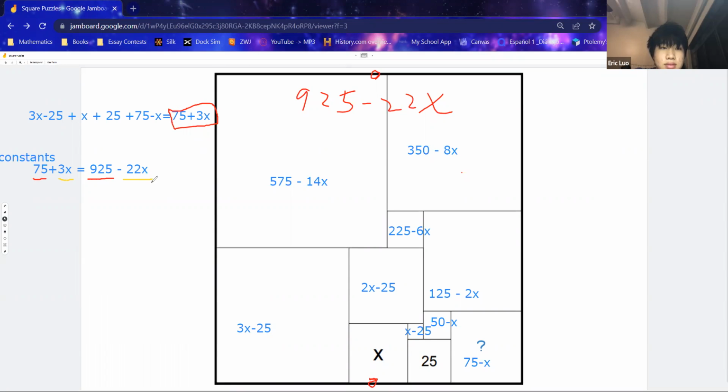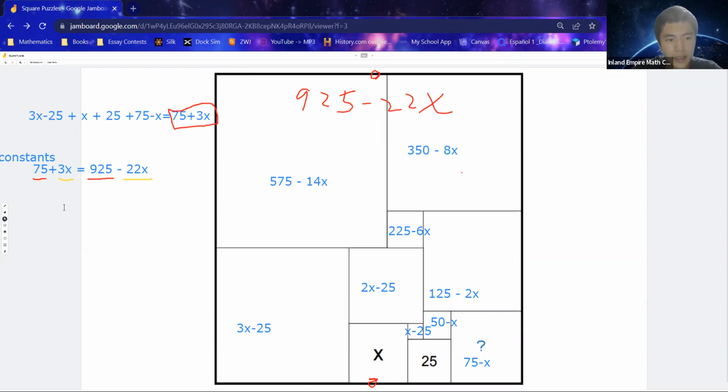These are called terms that have variables, and 22 and 3 are called the coefficients of these terms. But regardless of their names, I think we can all agree that 75 and 925 are the same kind of terms, and 3x and negative 22x are the same kind of terms. So when you solve an equation like this, you want to combine the terms that are similar.